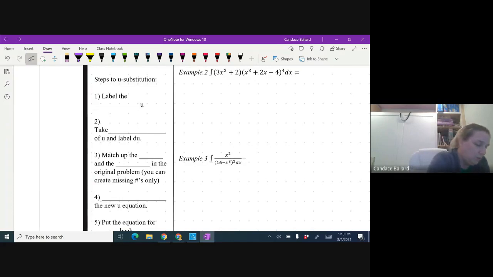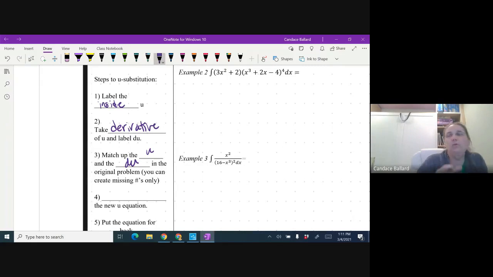So we are going to label the inside U. Okay, so your inner function is going to be the U. Then we are going to take the derivative of U and label du. Okay, again, it'll make more sense here in a few minutes. Match up the U and the du in the original problem.